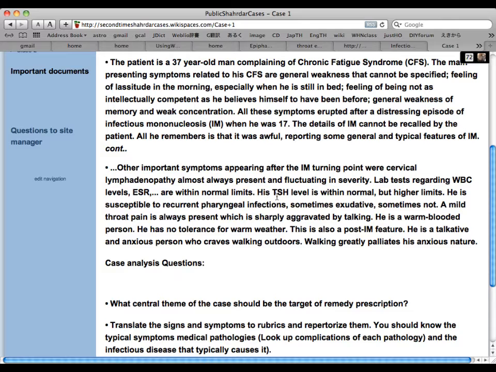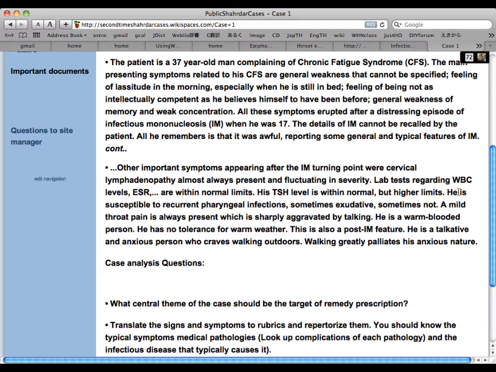His TSH level is within normal but higher limits. I think TSH is a hormone from the thyroid, which has a lot to do with how much energy you have. We should discuss this in the forum, in the discussion.